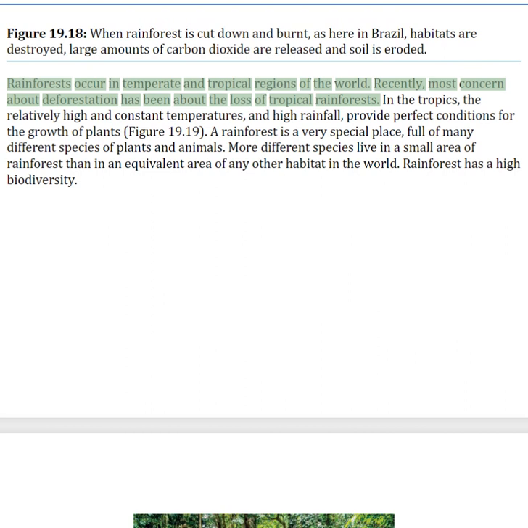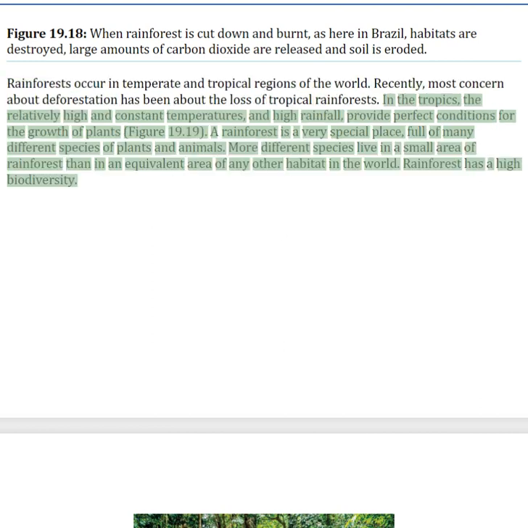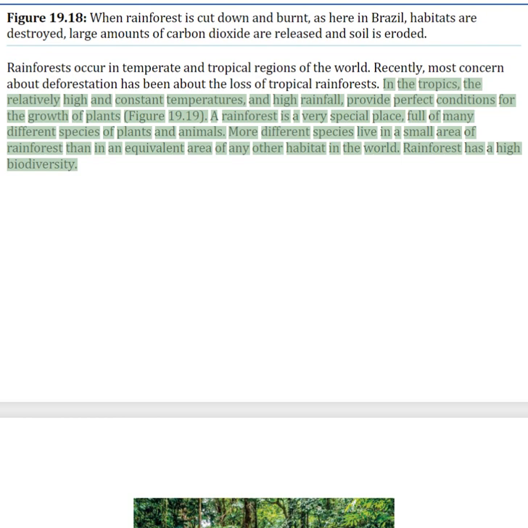Rainforests occur in temperate and tropical regions of the world. Recently, most concern about deforestation has been about the loss of tropical rainforests. In the tropics, the relatively high and constant temperatures and high rainfall provide perfect conditions for the growth of plants. A rainforest is a very special place, full of many different species of plants and animals.